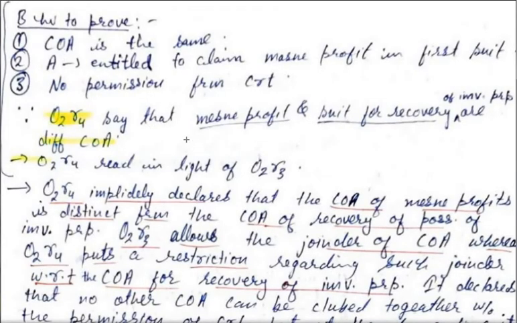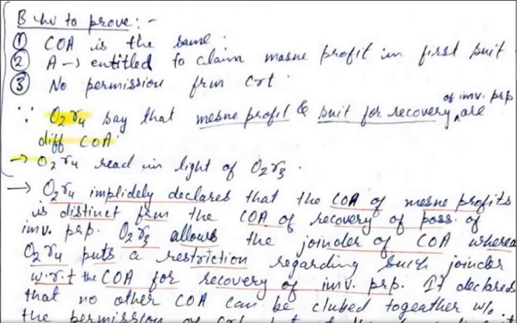Order 2 Rule 4 impliedly declares that the cause of action of mesne profits is distinct from the cause of action of recovery of possession of immovable property.